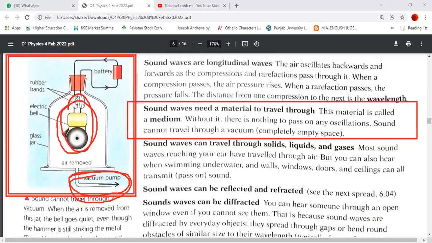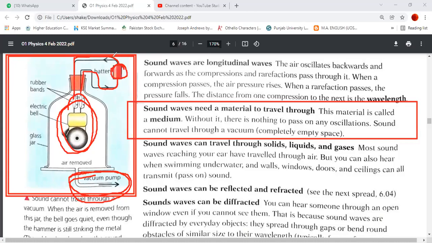The bell is connected by wires to a battery or switch outside the system, so you have a button outside. When you switch on the bell, it will ring, and you will be able to hear the sound of the bell when air is present inside the jar.